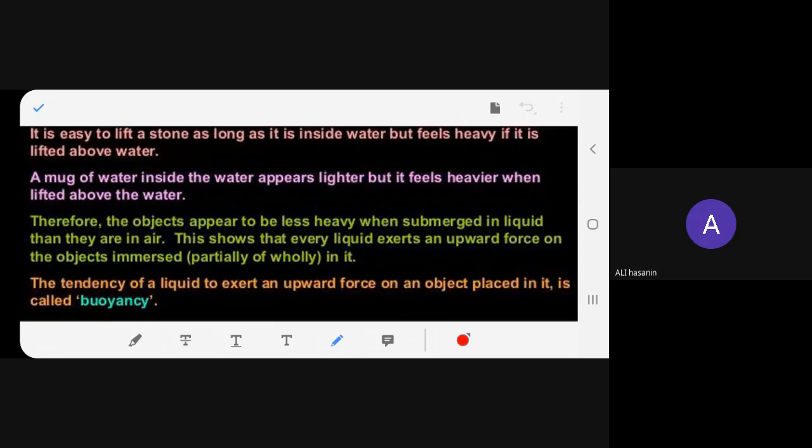For example, let's see over here. Now, this is a container with water. Okay? And I hold a stone attached to a string. I can feel the weight.